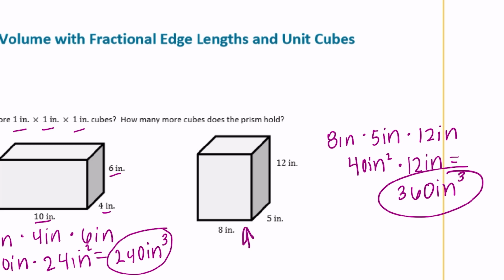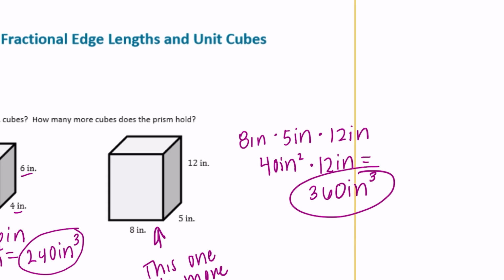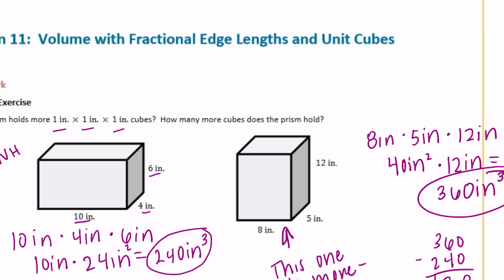This one holds more, because 360 is larger than 240. How many more? Well, 360 minus 240 will give us 120 more cubes is what it would hold.